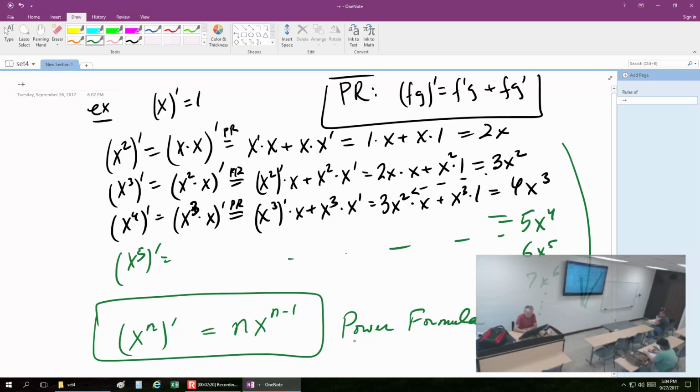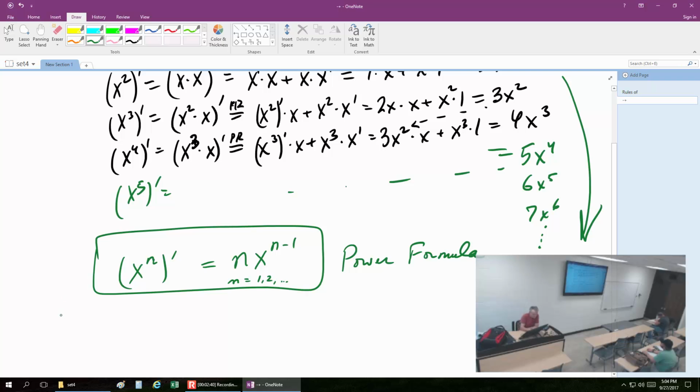When you have a power function, the power always goes down under differentiation, but not too far. If we want to be specific, we would have to say n is greater than or equal to 1 and only integer values. So only the integer values are allowed so far, but we can try to extend it.